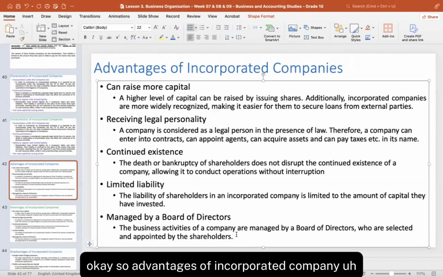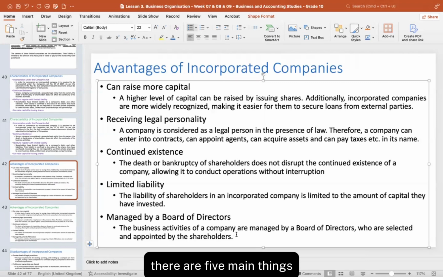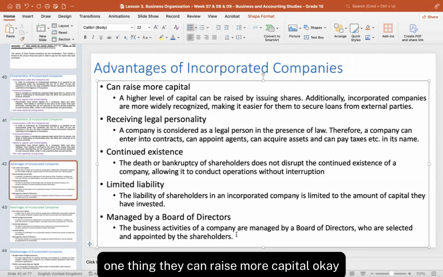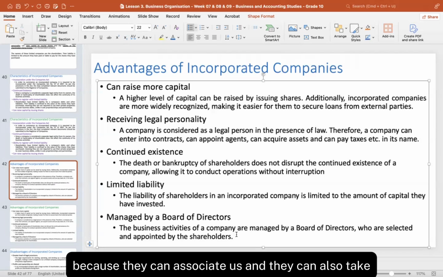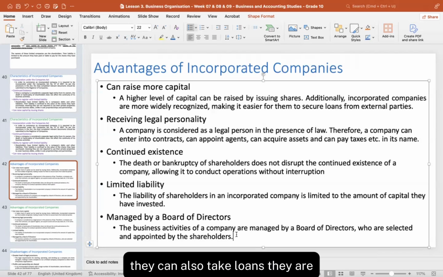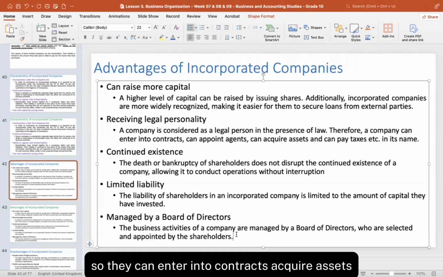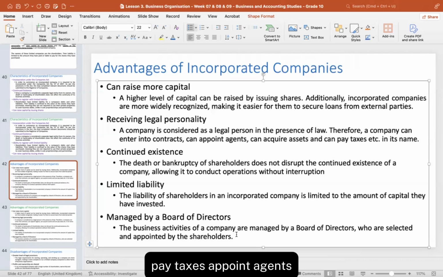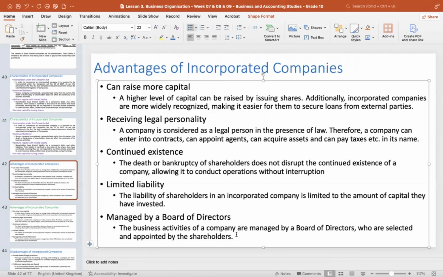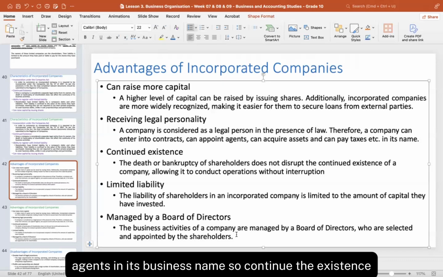Okay, so advantages of an incorporated company, there are 5 main things. One, they can raise more capital, because they can issue shares, and they can also take loans. Now they have a separate legal personality, so they can enter into contracts, acquire assets, pay taxes, appoint agents in its business name.